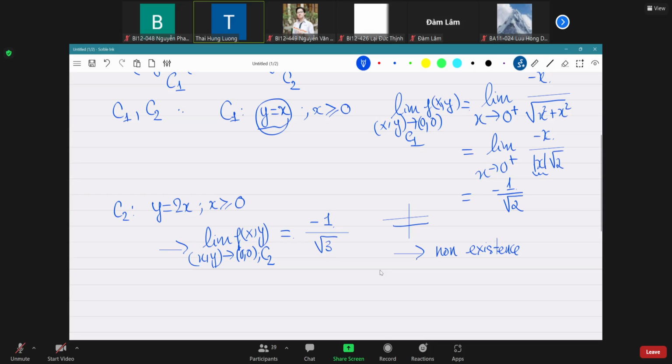Okay, so let's try with problem 2. Prove that the limit of the function f of x, y when it tends to 0 cannot exist.